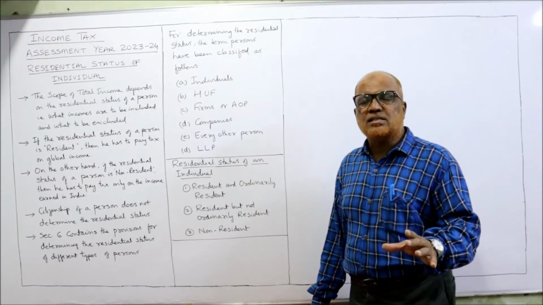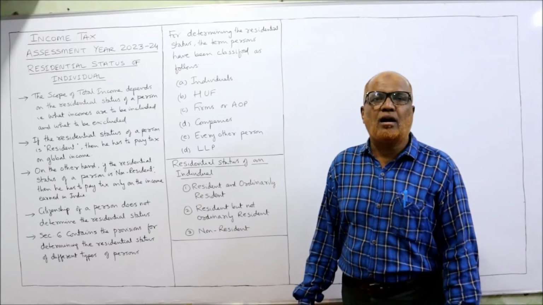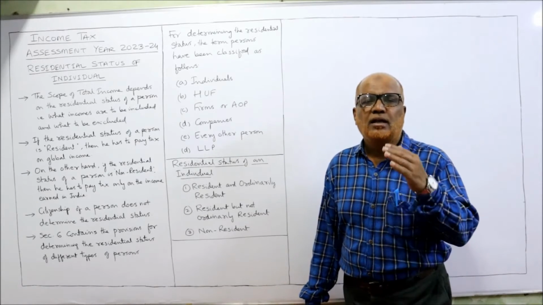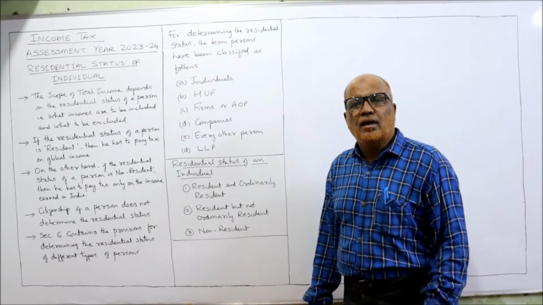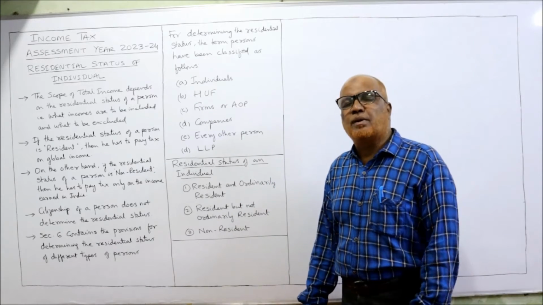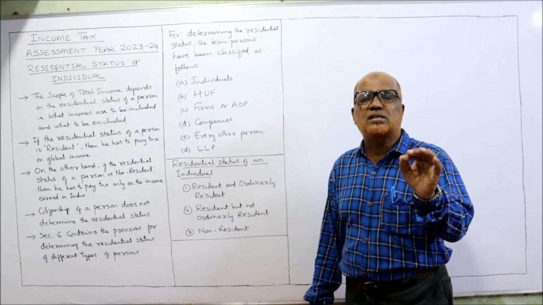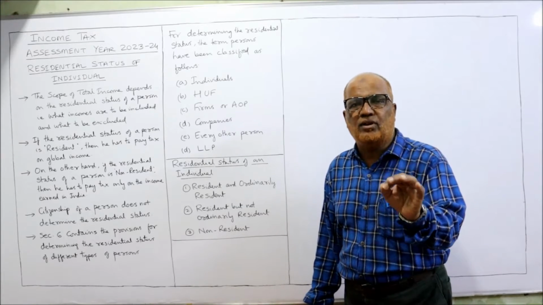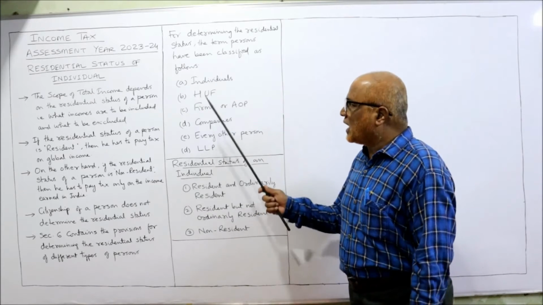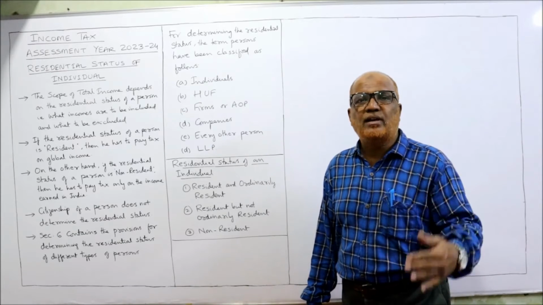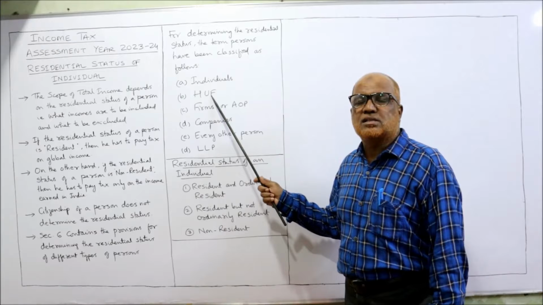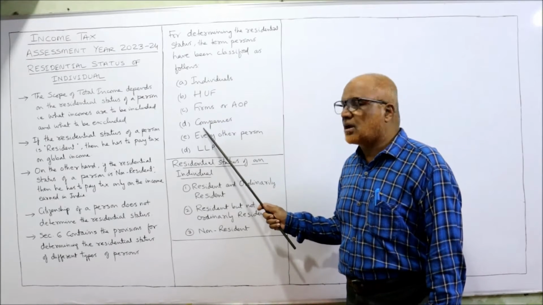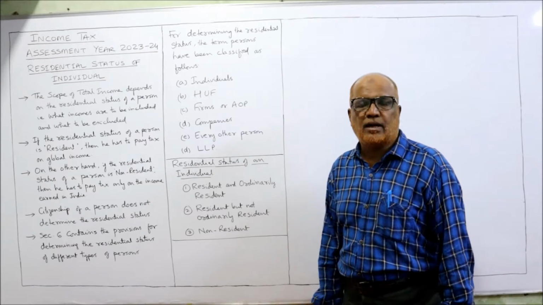So the Income Tax Act has given strict provisions regarding how to determine the residential status of an individual, HUF, like that. In this video, I am going to explain how to determine the residential status of an individual only. For other persons, in the next video I am going to explain in detail how to determine the residential status of HUF, firms, companies, every other person, LLP, right?